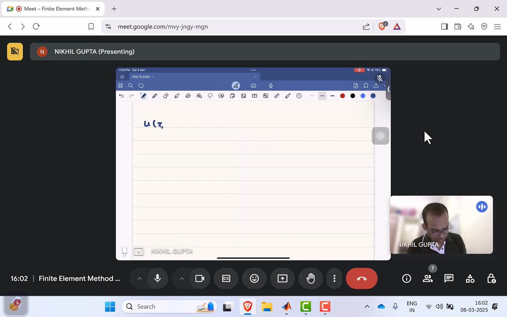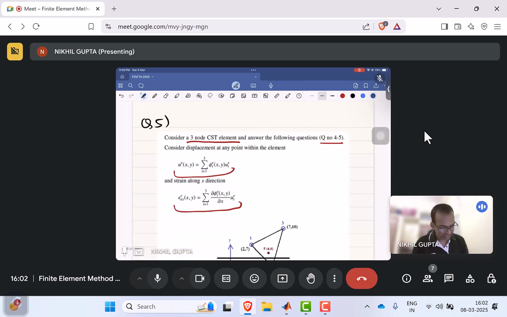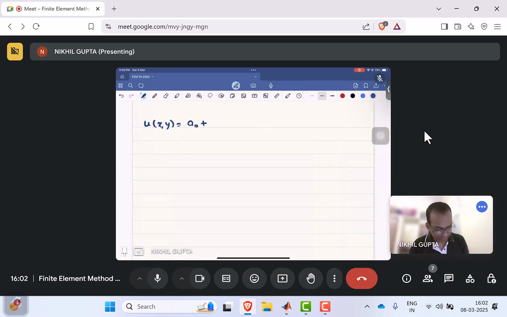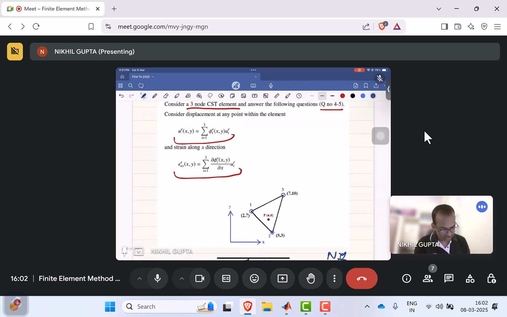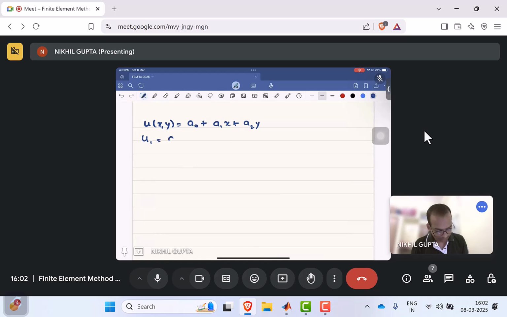So we have to assume u. Three nodes are there, so we'll take it as a naught plus a1 x plus a2 y. If you want to write u1, u2, u3 for this case, you will write u1 is equal to a naught plus a1 x1 plus a2 y1, u2 as a naught plus a1 x2 plus a2 y2, then u3 as a naught plus a1 x3 plus a2 y3.